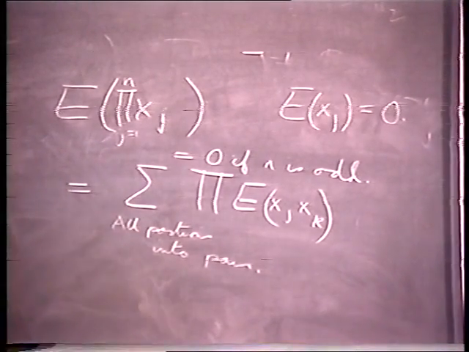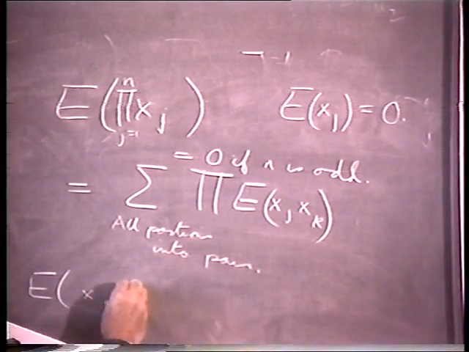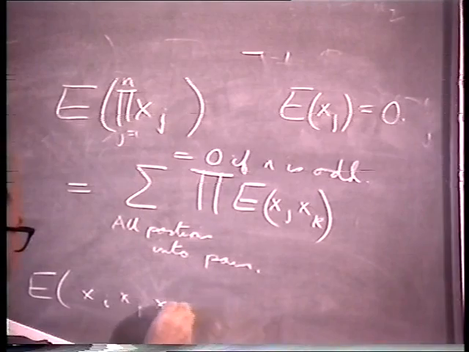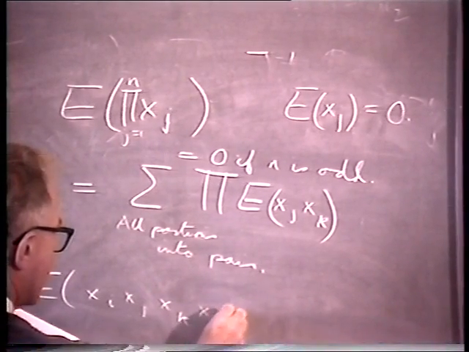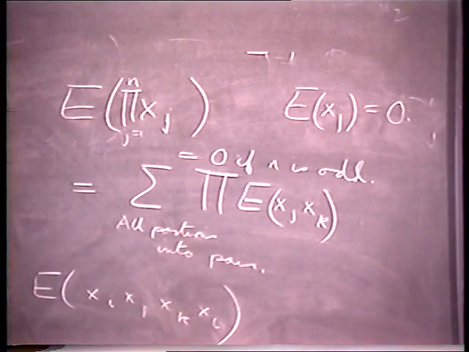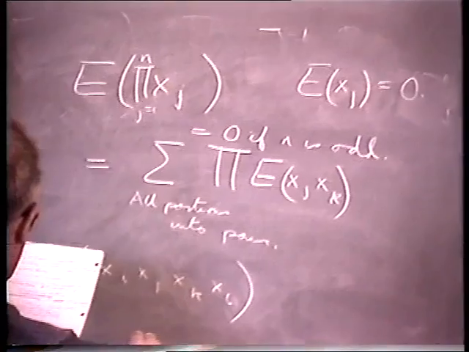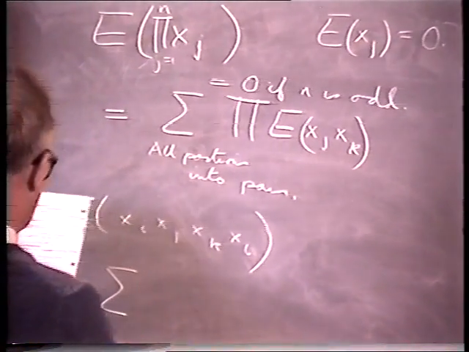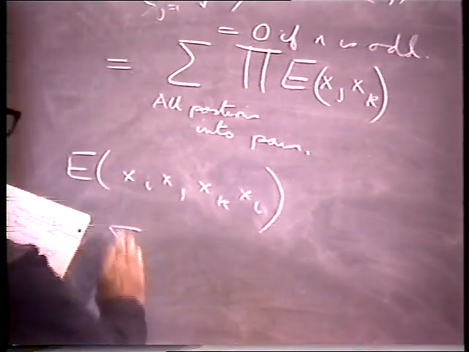For example, this is the best known case, which is very frequently all that you need to know. If you have the product of 4 such variables, then you have to take just 3 partitions.